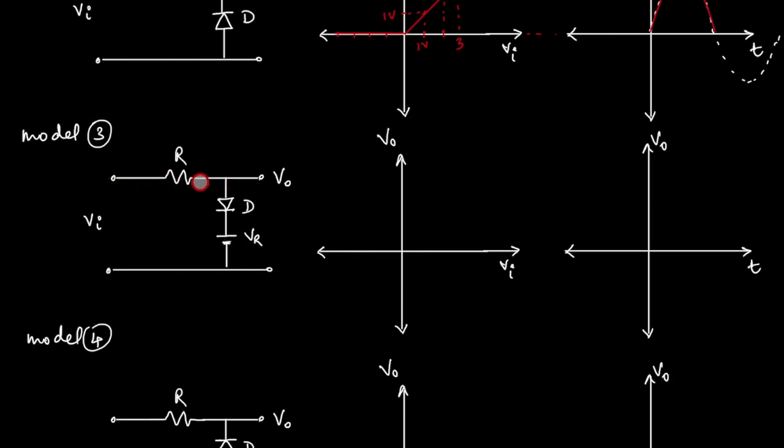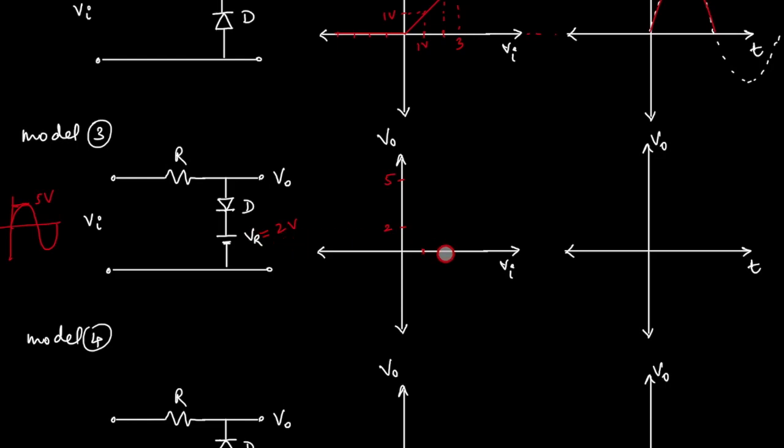You give positive input, this is forward biased. Suppose this is 2 volts. Let us take an example, and input is 5 volts. This is +5, this is -5. Here it is +5 and this is 2. Let us assume this is 2. Whenever we have +2, we mark plus 2.